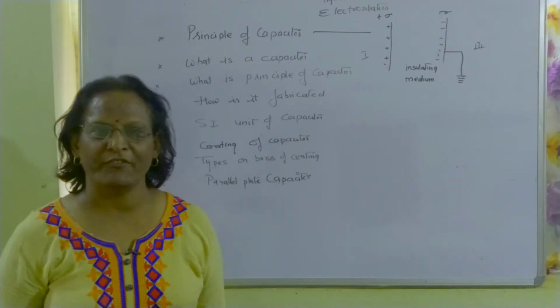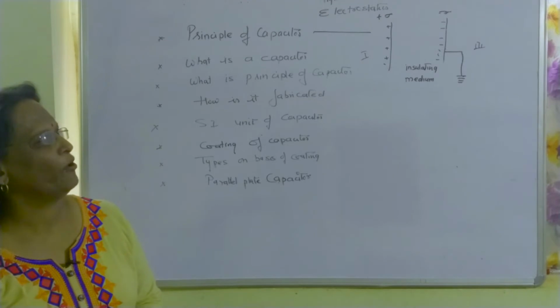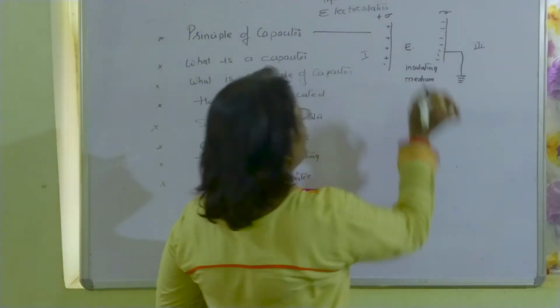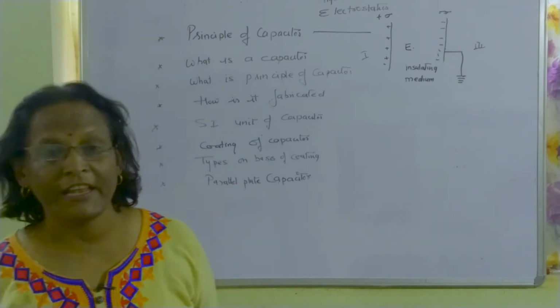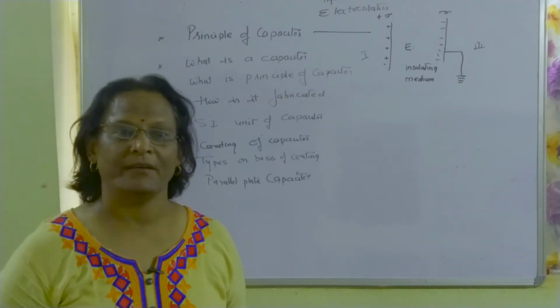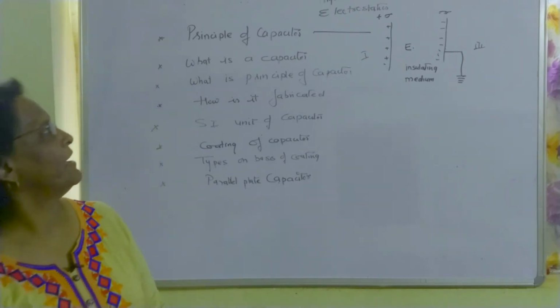In the outer regions the electric field was zero. Due to all the charges developed on those plates, the electric field existed only between the plates, even with an insulating medium. This is the basic principle behind the capacitor.